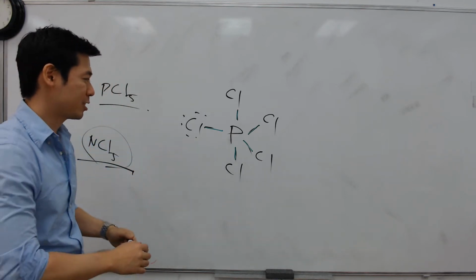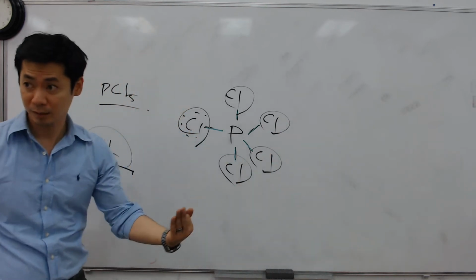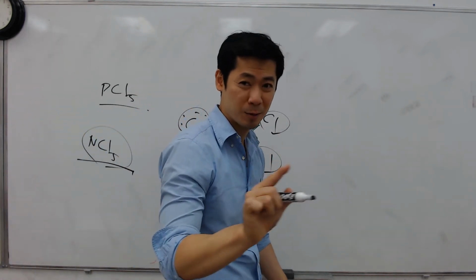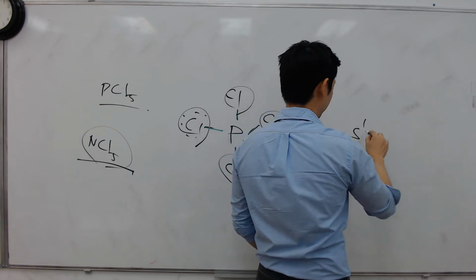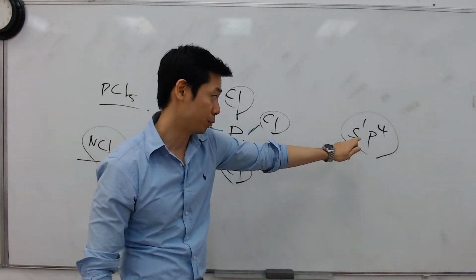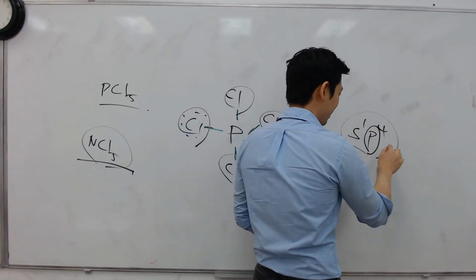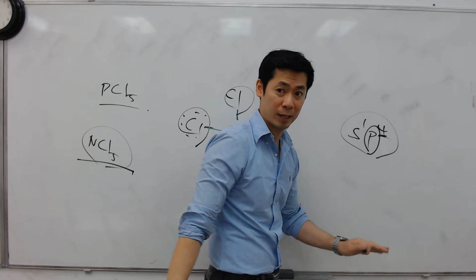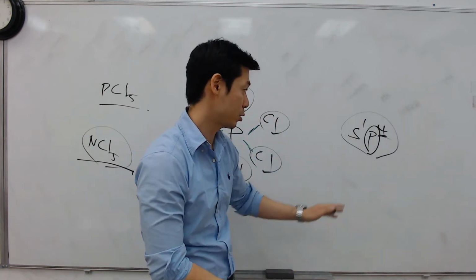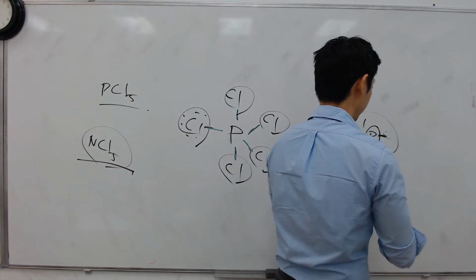Steric number, 1, 2, 3, 4, 5. This is a very common mistake. They say this. Wrong. Phosphorus doesn't have 4 orbitals. It's not possible. Phosphorus has only 3 orbitals.